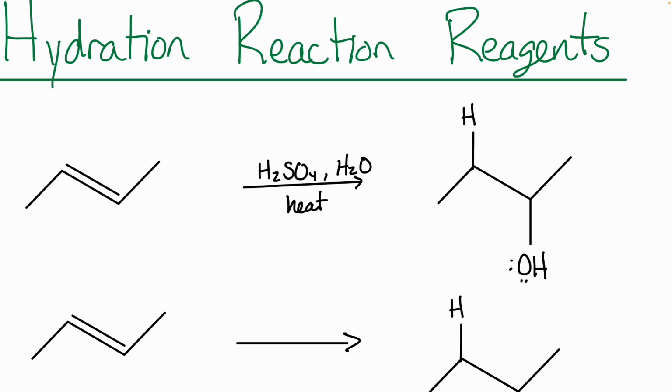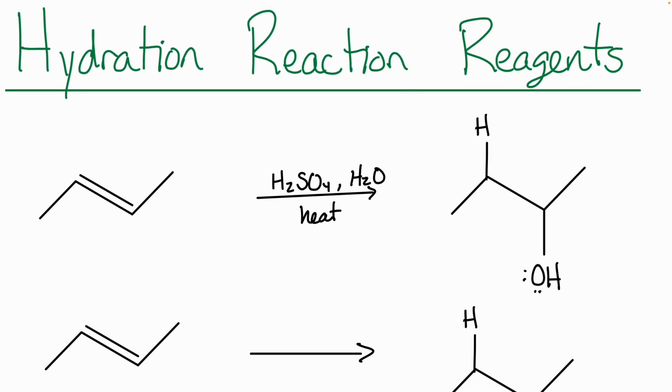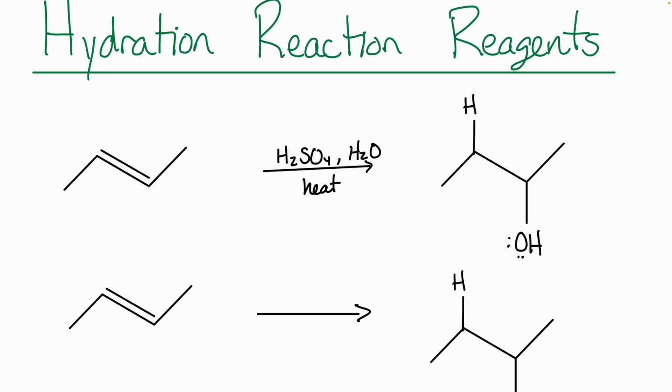You heat the whole mixture. You throw water in there with sulfuric acid, and you boil it up, and that's what catalyzes your reaction. Both the acid and the water would be considered catalysts there. You just list them all together. This is what we would call acid catalyzed hydration.